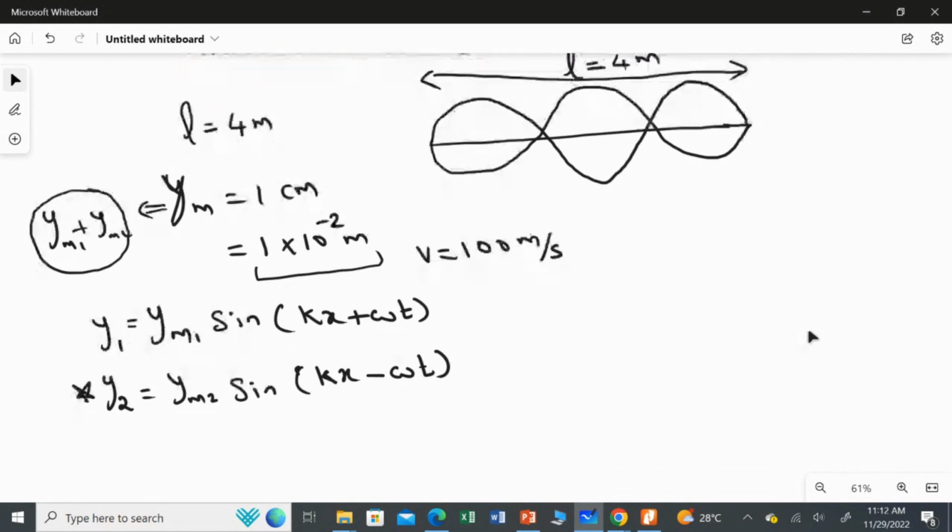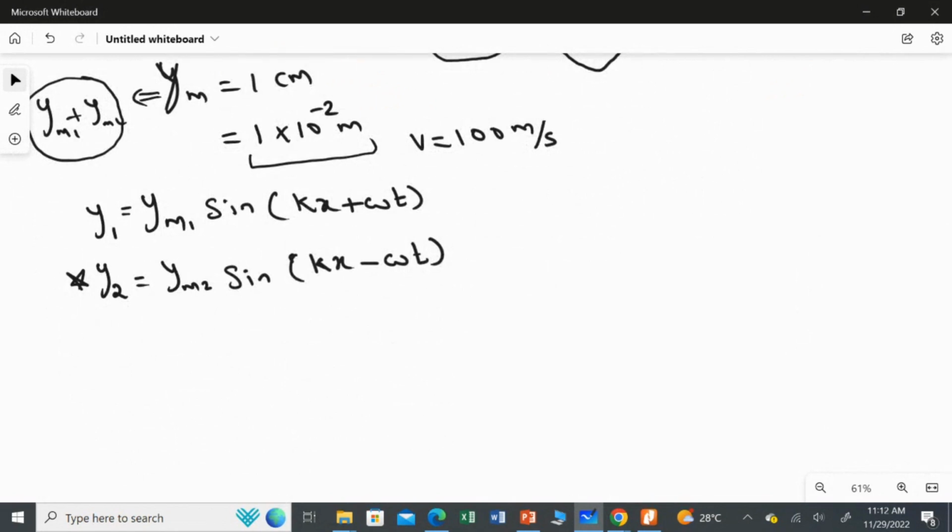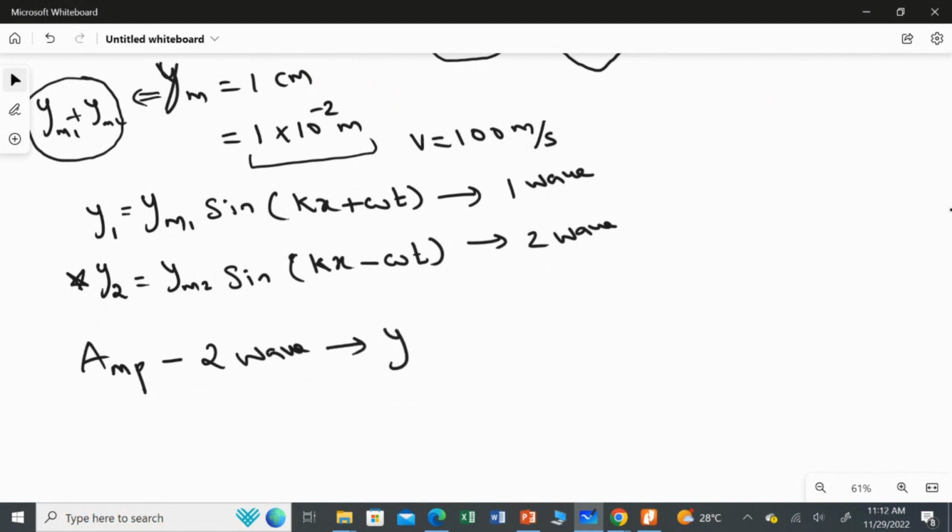It's half of 1 multiplied by 10 to the power of minus 2. Let's take this as our second wave and this as our first wave. The amplitude for the second wave, ym, is equal to half of 1 centimeter, because it's a combination.